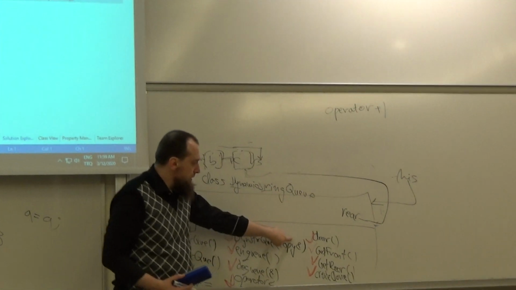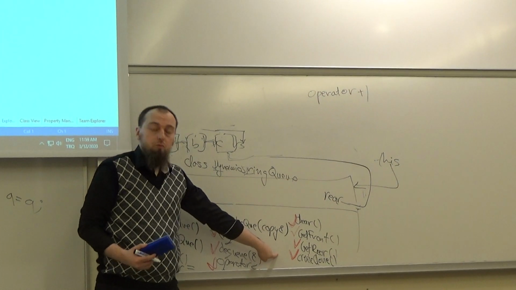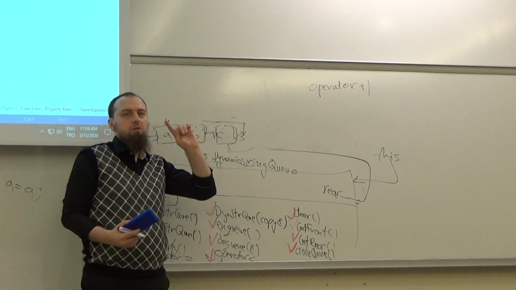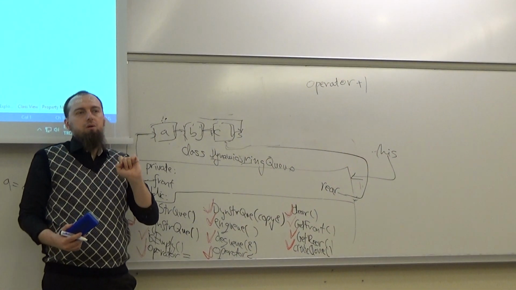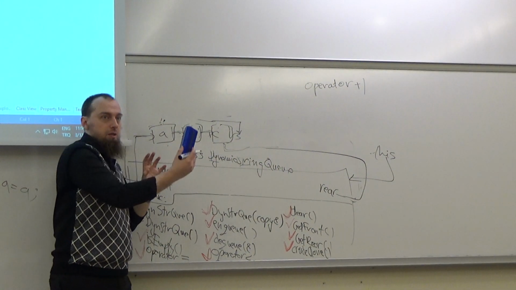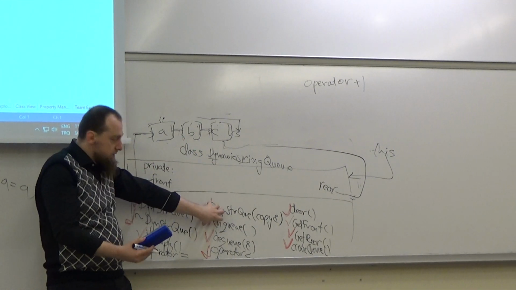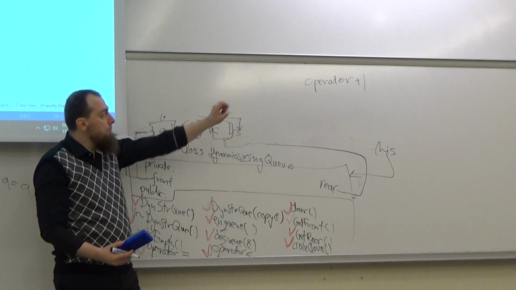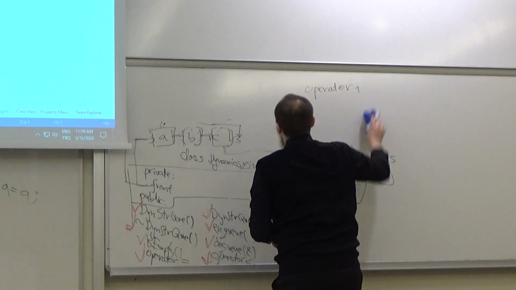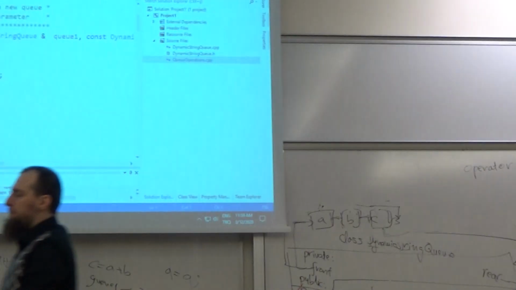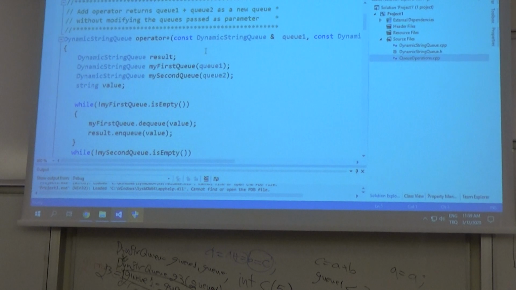If operator plus was a member function, we would have needed only one other parameter, which would have been the right-hand side, because the left-hand side is the object itself. But here operator plus, as you can see, is taking two parameters, which are constant dynamic string queues.